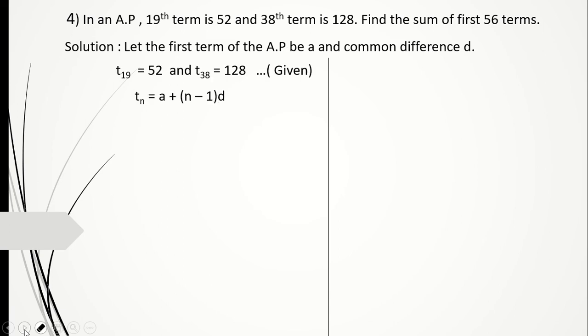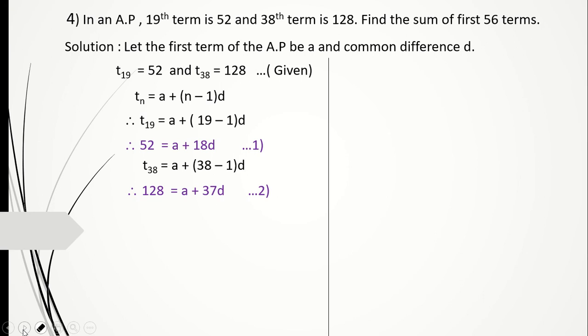So what we did, we first found Tn, T19 and T38. These two equations we got, right? Now in normal circumstances we would subtract them, get A eliminated, and then we get the value of D, then we substitute the value of D and get the value of A. So we find the value of A and D and then substitute in the formula.